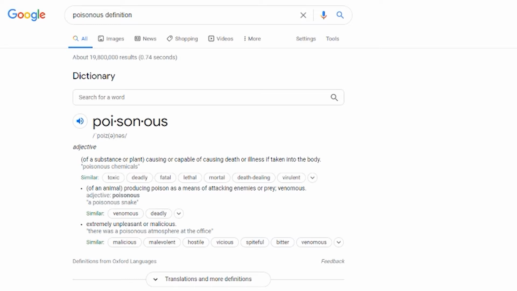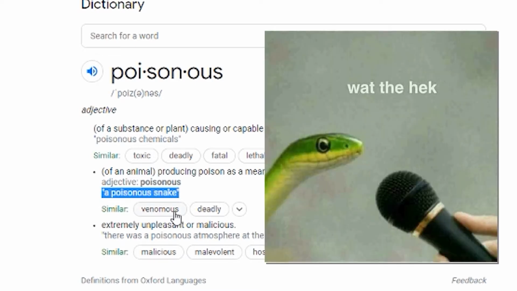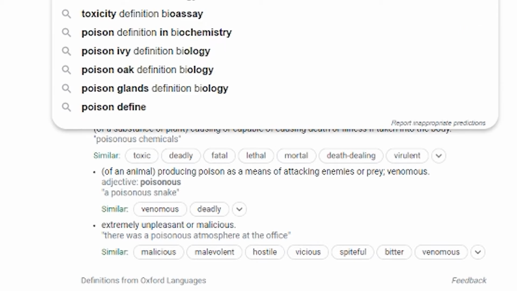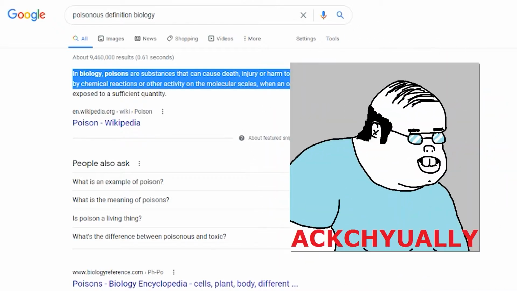Okay, so it looks like there's a general definition of poisons and venoms, and they're kind of used interchangeably. Right here it says the snake is poisonous, but in biology we'd never call a snake poisonous unless it was transferring its poison from something other than its fangs. So in general terms, you could use them interchangeably, but it's good to know a more accurate definition.